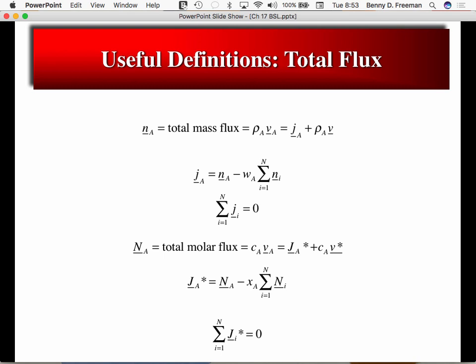Likewise, the total molar flux is defined based on the molar concentration times the velocity of A, and we have similar definitions for the relationships among these flux terms: in a binary system, if the flux of A is positive, the flux of B is negative, and they have to exactly offset one another to preserve these definitions.